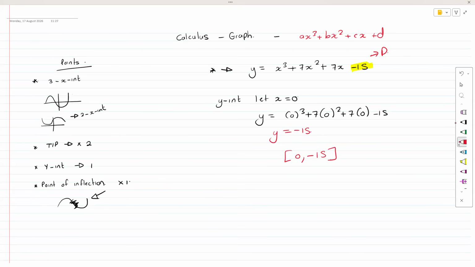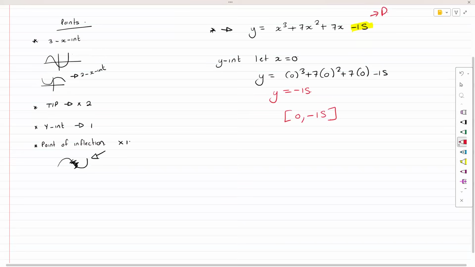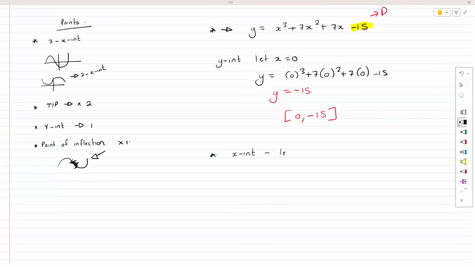Most of the time, they would not make you draw the calculus graph. But if they do, you know how to do it. And if they don't, you know where every single point comes from. So that's the point of this calculus graph. The next one is the x-intercept. We're going to let y equal 0.